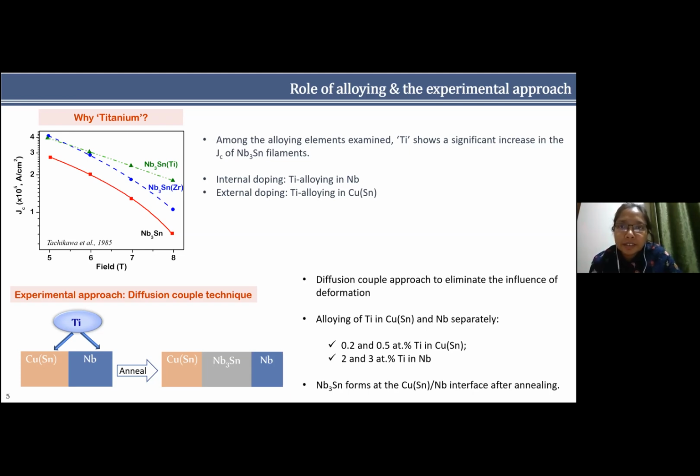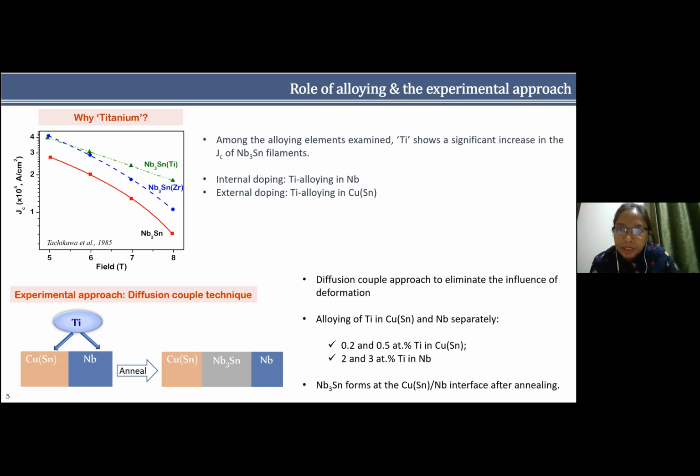Secondly, in such bronze process techniques, there are two ways: internal doping and external doping. Internal doping is when you dope or alloy titanium in niobium, and external is when you dope titanium in bronze. And most of the times, we deal with either mono or multifilamentary wires.